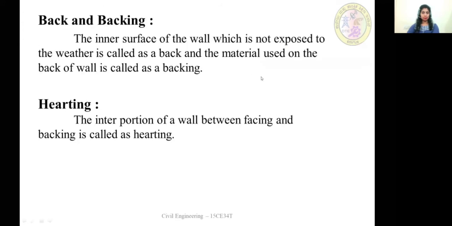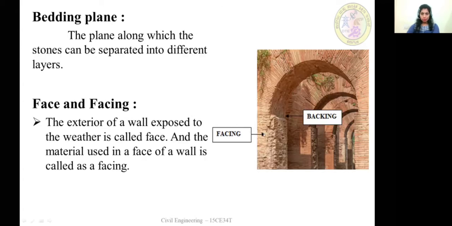Next, we'll see hearting. As I have already explained backing, we'll move on to hearting. See in this picture, the internal portion between the facing and backing is known as hearting.